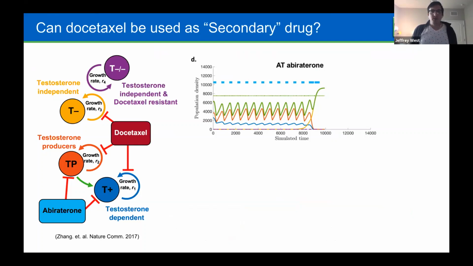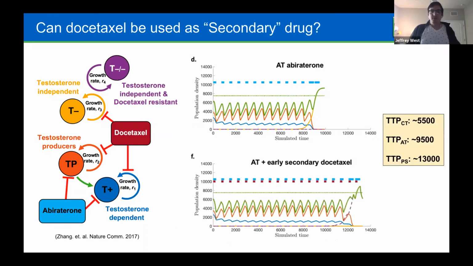So what about giving that secondary drug? If we give the secondary drug at the same time as the blue abiraterone, then we get an increase in that time to progression as well. And this time the purple doubly resistant cell type is the one that emerges as the main problem.